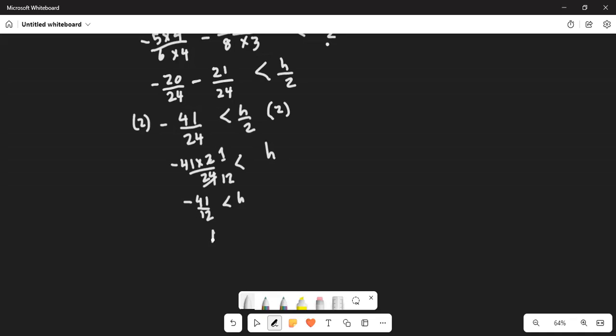So if I move the h to the left-hand side, it becomes h greater than minus 41 over 12.